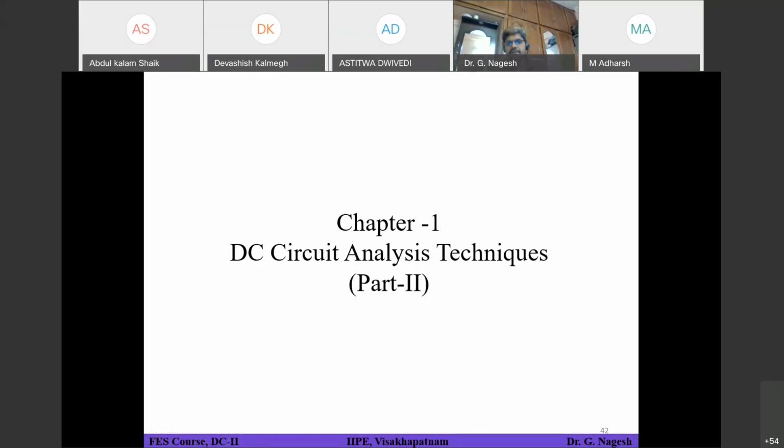The actual circuit and the reduced circuit both will have a similar effect on your load. That means when you are analyzing, it will not create any difference. The equivalent circuit we are trying to form is very small and easy to understand compared to a complex circuit. So those kinds of techniques we will see in this part 2.